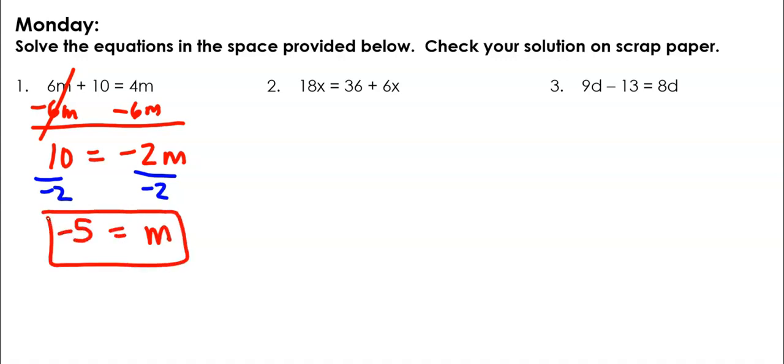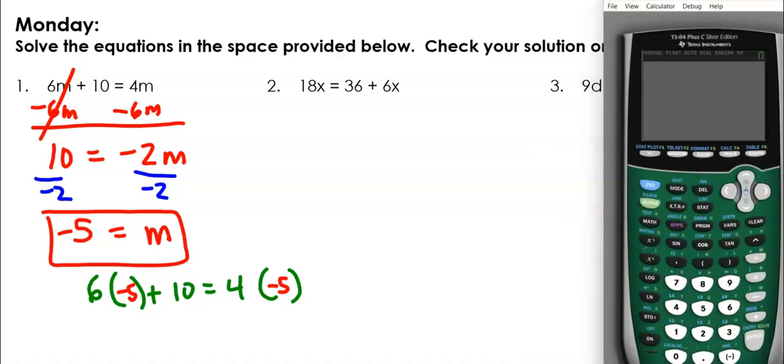And on a separate sheet of paper, you can check your response. You check your response by rewriting your original equation and erasing and replacing the variable letters with the answer that you found. So a -5 in both locations, and then you can pick up your calculator and compute each side separately.